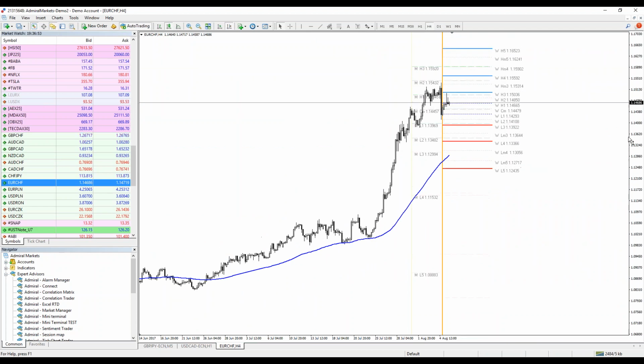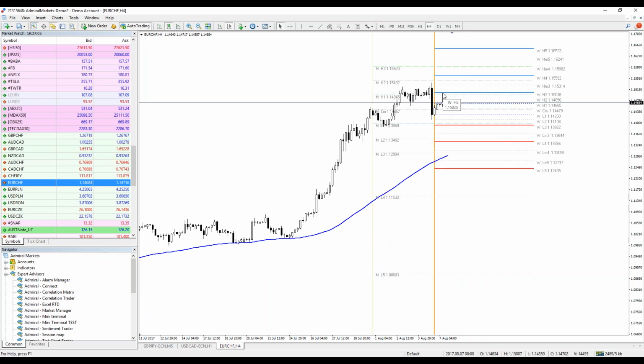It looks like an uptrend indeed. It's rejecting from weekly Camarilla, weekly L3. It's in no man's land. You see how price perfectly respects my Camarilla indicator. Watch this. To the pip again, weekly H3. So guys, usually during early Monday, you can pay attention to weekly H3 and weekly L3 and trade rejections.